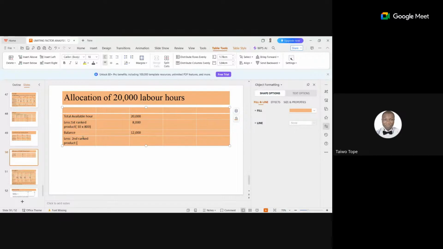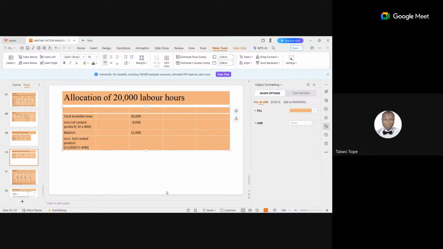So now, the second ranked product. Based on this, we need 15 hours to produce 1 unit of good, right? Yes, sir. And we have 12,000 hours available. What will happen? It will be 12,000 divided by 15. The result will be 800.